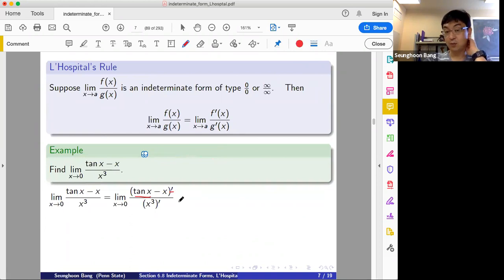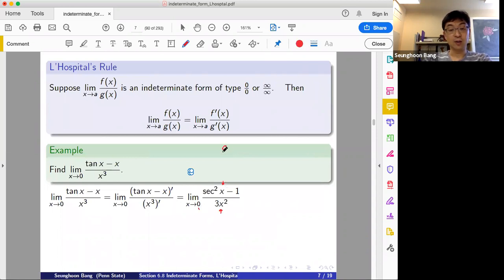What is tangent prime of x? Okay, good. Secant squared of x minus 1, since x prime is 1, over x cubed prime, which is 3x squared. You plug 0 into x again.